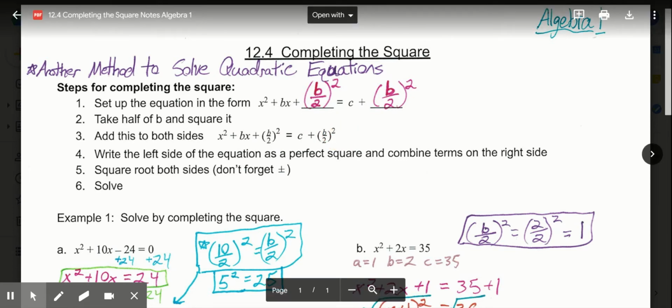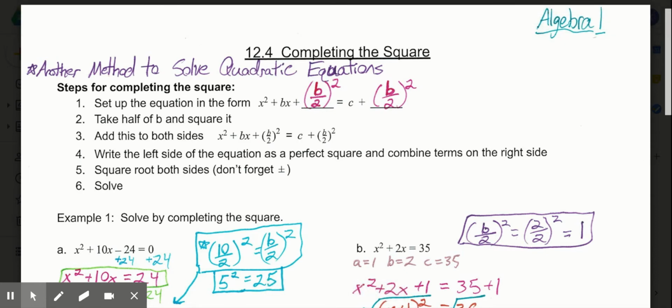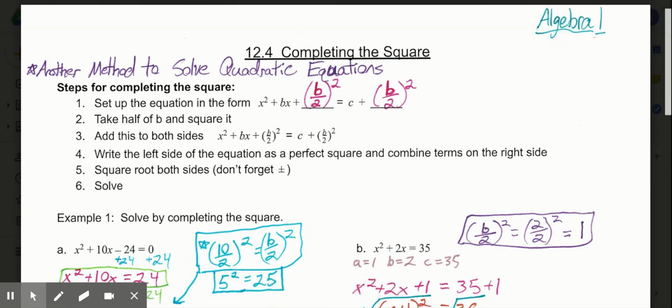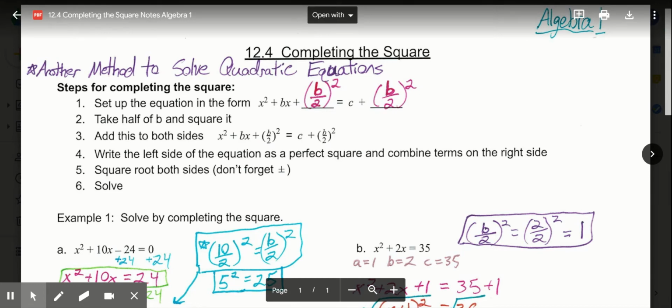Then you want to write the left side of the equation as a perfect square, which we'll go over again, and then combine the terms on the right side. You square root both sides. Don't forget that on the right, the answer would be a positive or negative, because that's what a square root can equal, and then we'll solve.